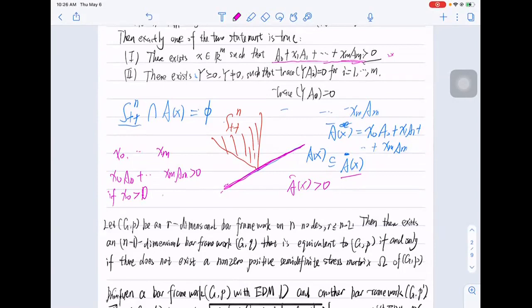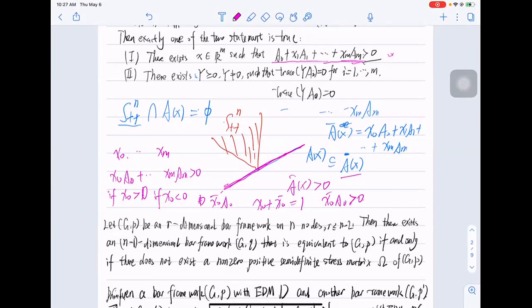Okay, if x0 is negative, then again, because A0 is positive definite, I can simply add some x0 bar A0 such that x0 plus x0 bar is 1, and x0 bar A0 is PSD.